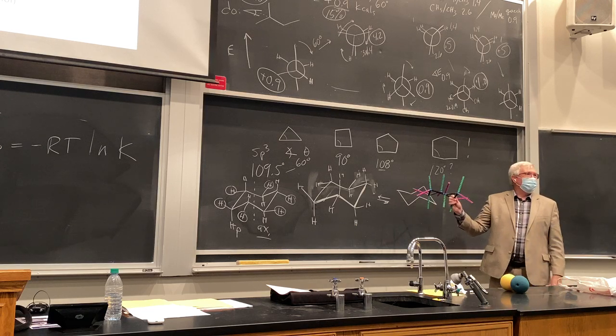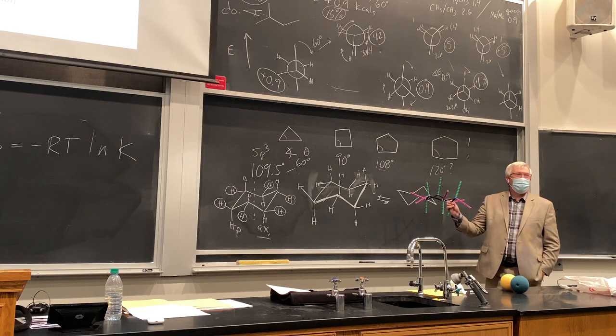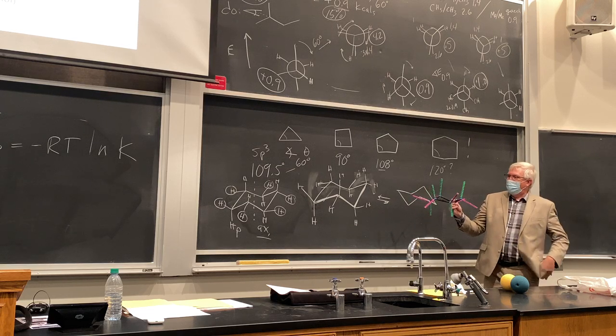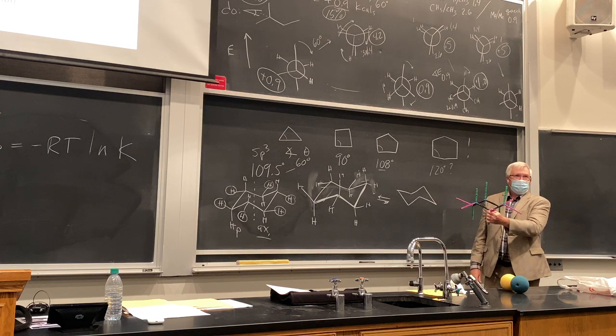I just did the ring flip. Purple was axial. Purple's now what? Equatorial. And green was equatorial. Green is now what? Axial. When it does this ring flipping, those positions exchange from axial to equatorial.